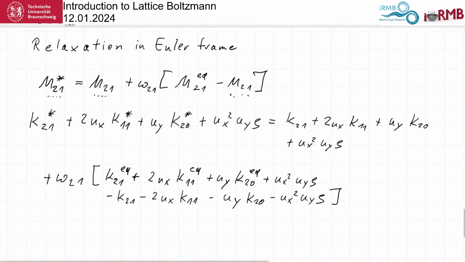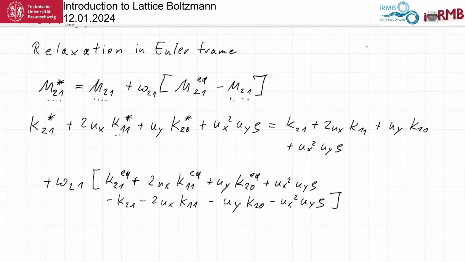So a problem is these guys, because they depend on what the other collision does. However, we have seen that for these second order moments it doesn't matter whether we relax them in central moments or in raw moments. So we just use the central moments.